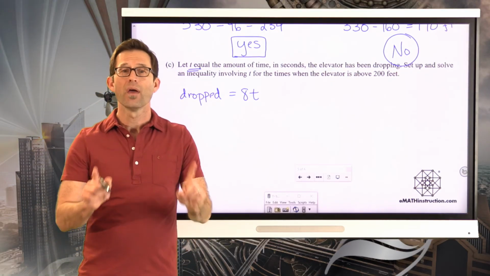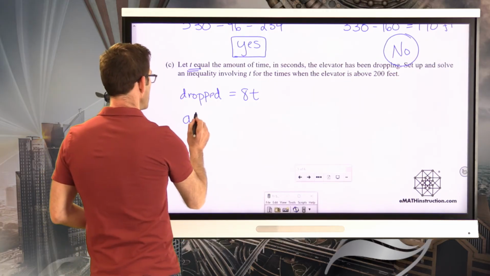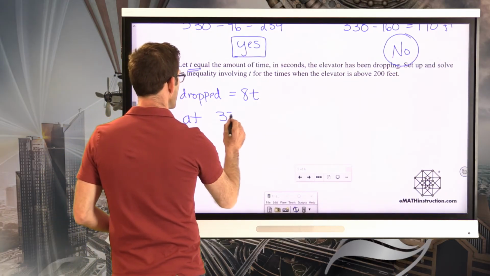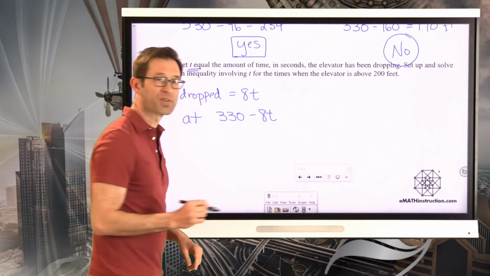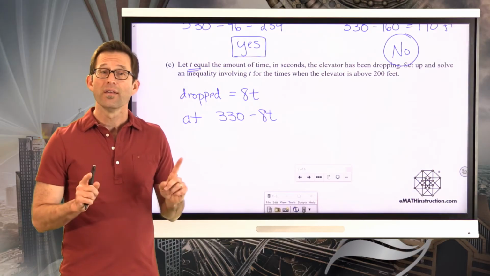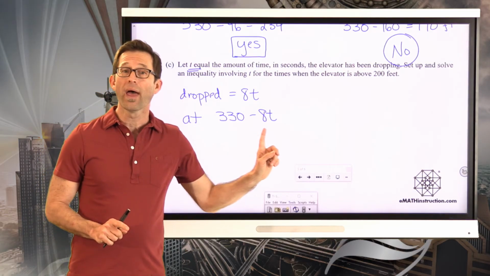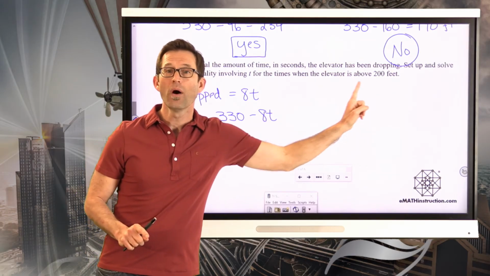Simple enough. Now, where's it at? Where it's at, we always calculated by doing 330 minus how far it's dropped, because we started at 330. Now, we want to know when where we're at is above 200 feet.